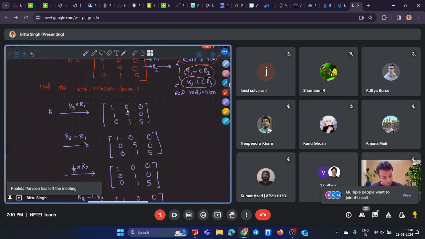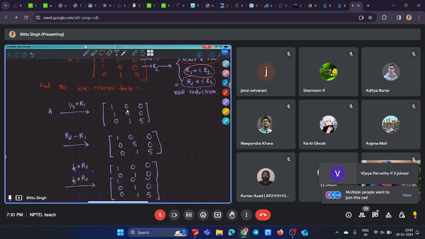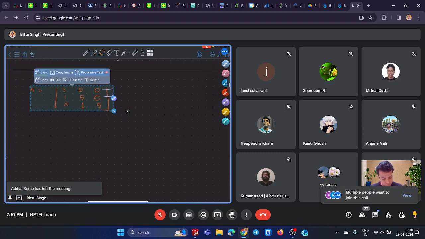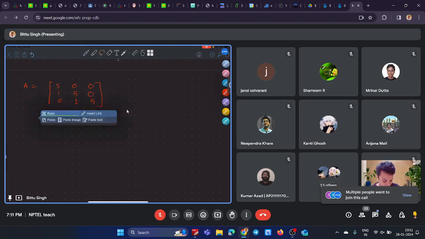Again, what was A? A is that matrix. This is the matrix A. So you have to find a scalar c such that Ax equals cx.